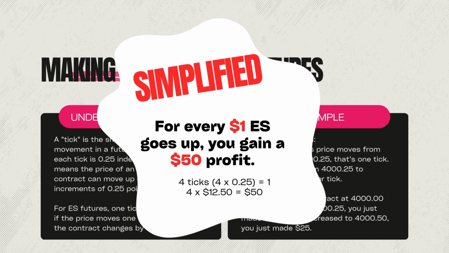If it went up to 5,002, you just gained $100. If it went up to 5,003, you just gained $150, because every dollar it moves is $50. And it's going to incrementally move up and down based on the actual number of ticks. The reason it's like that is because 4 ticks equals 1, and 4 times 12.50 equals 50. So that's how the math works out.